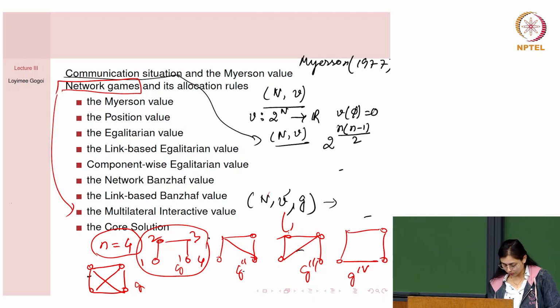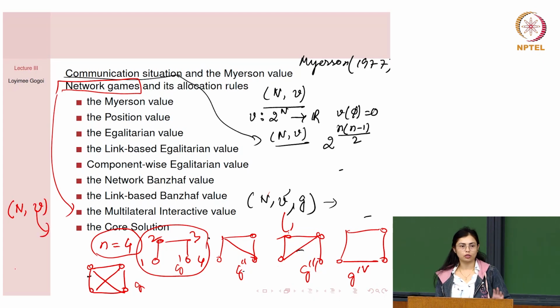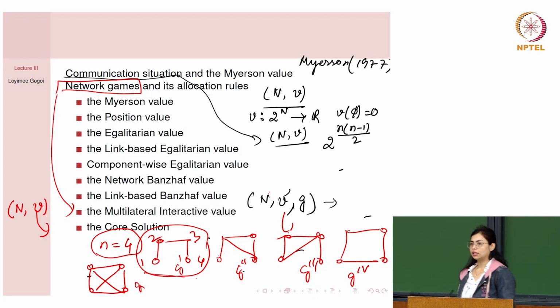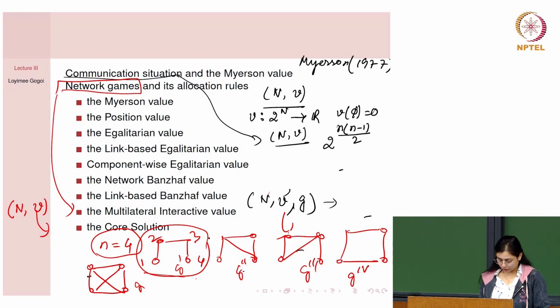In the network game we have a pair N and V, where the domain of V is the set of all possible graphs on N. The value generated depends on the graph structure; the graph structure matters for how they can generate value.